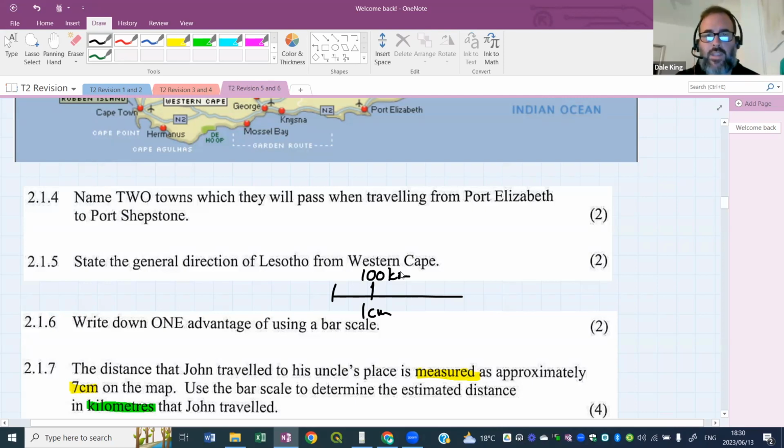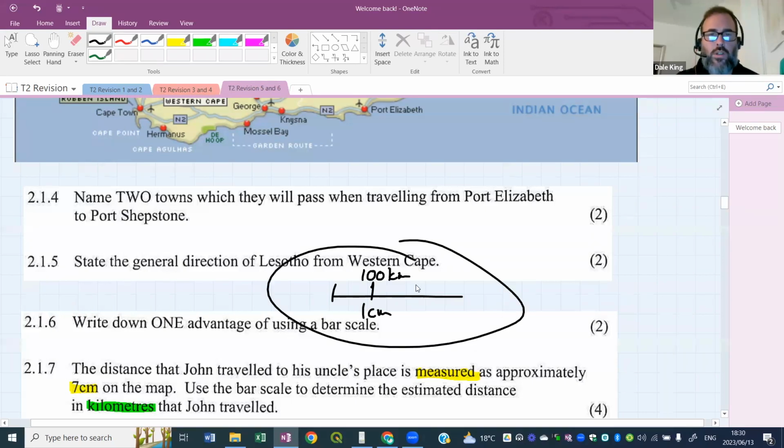So that's the scale we're going to use. We took it from the bar scale where we measured 1 centimeter gives 100 kilometers. How far did John travel in the real world? You guys can do that one. Shouldn't take you long. You should have your pen and papers there. You can use my scale on the screen and calculate how far.